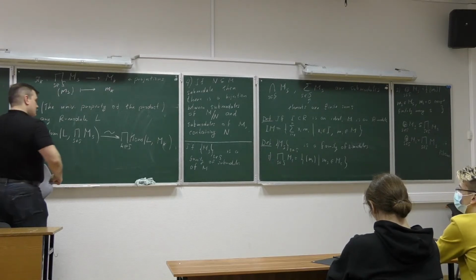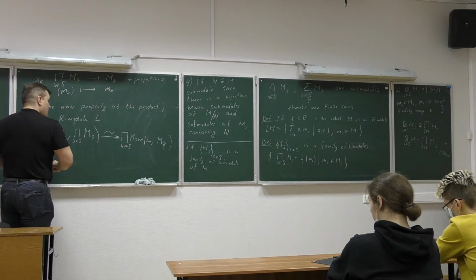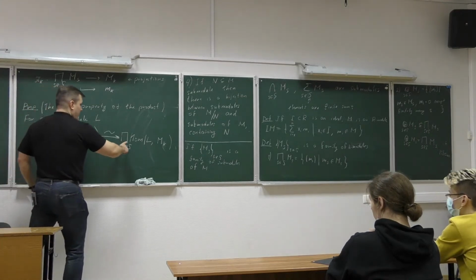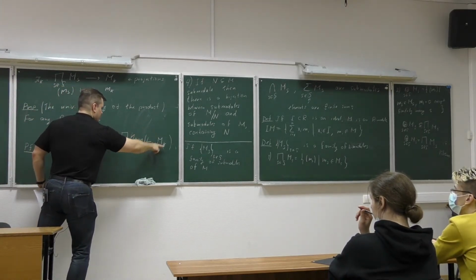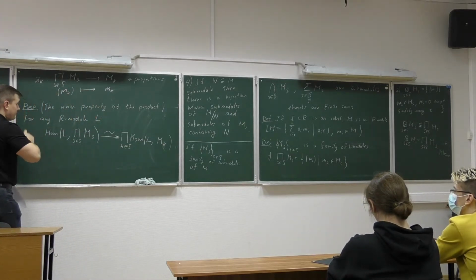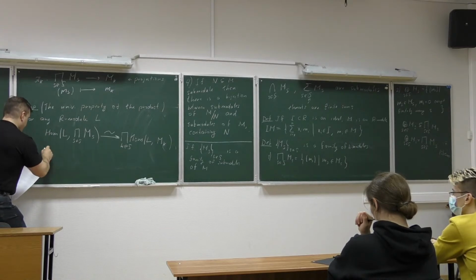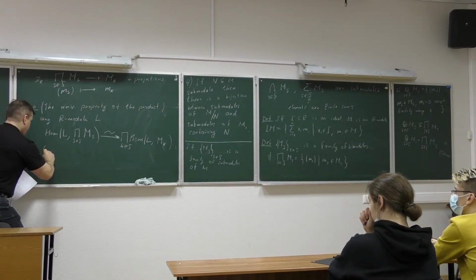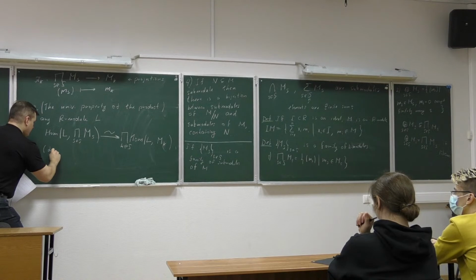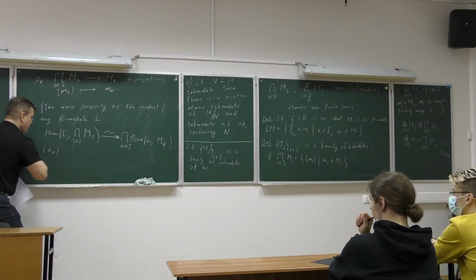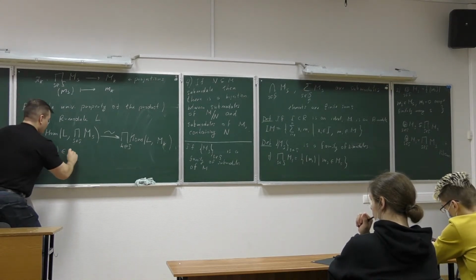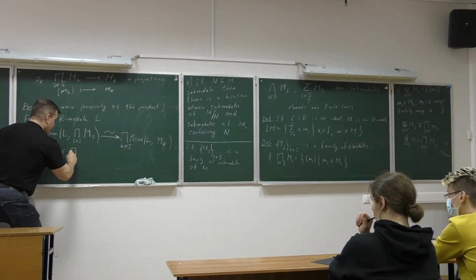Well, the proof is not hard. You just need to look at an element on the right, so this element in this potentially infinite product. So suppose you have an infinite vector of the alpha_k, right? So this is in the product of the Homs.